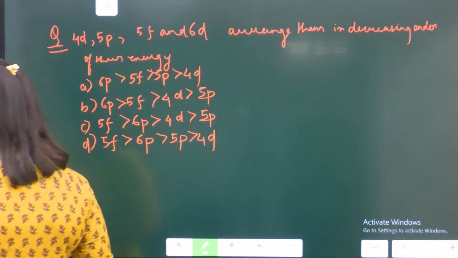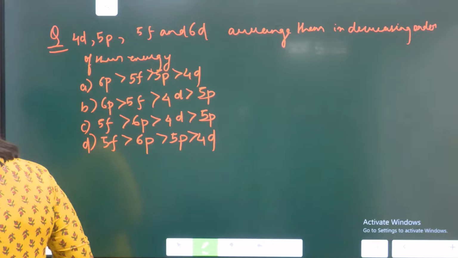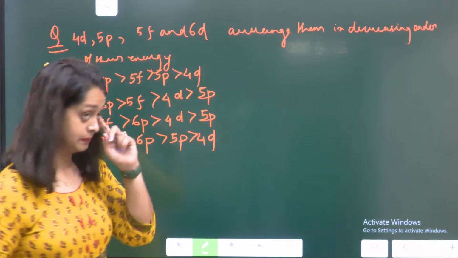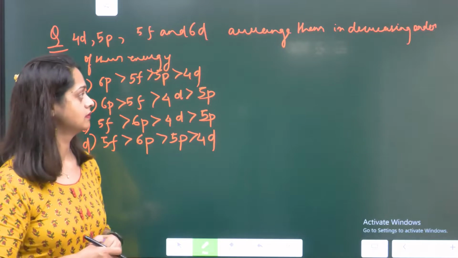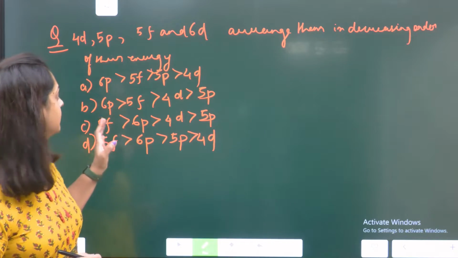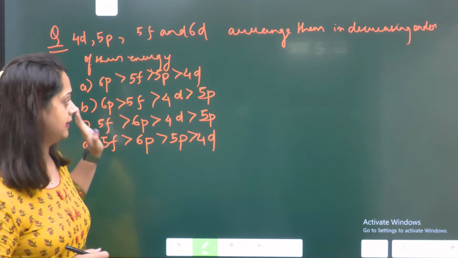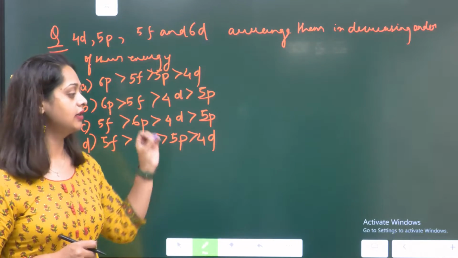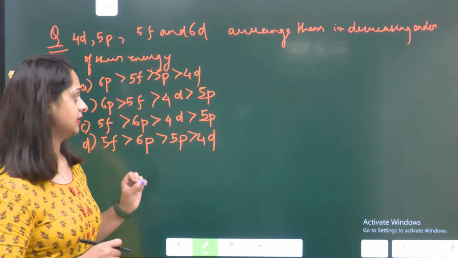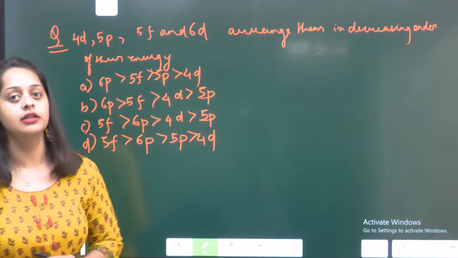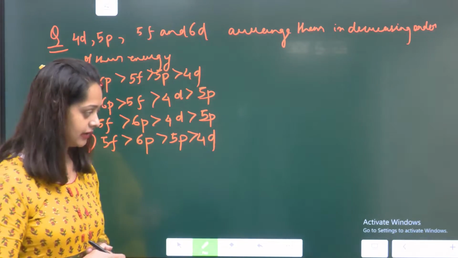Which one will be the correct answer and how did you deduce the answer? So 4 different atomic orbitals are given and you have been asked to arrange them in decreasing order of their energy, and 4 different options are given to you. How do you calculate it?